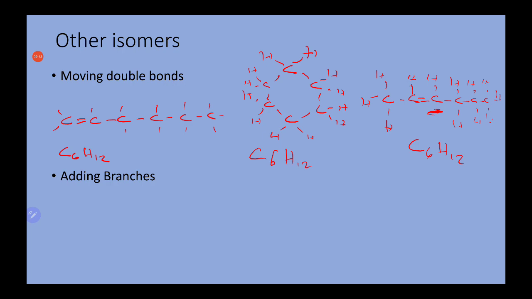Now you need to be careful with alkenes, because there are a couple of examples where that won't work. For example, if you have a shorter molecule, such as propene, we've got our hydrogens in there. If you move the double bond, the only place you can move it to is in here. So what you've got is that.